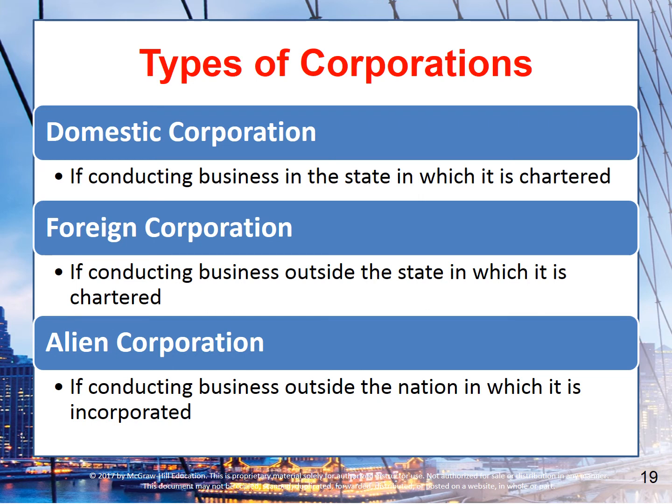And then an alien corporation would be a business that conducts business outside the nation in which it's incorporated. If I'm not mistaken, Coca-Cola would fall under all of these because they do business in Georgia, they do business in Alabama and all the other states, and then they also do business in foreign countries.